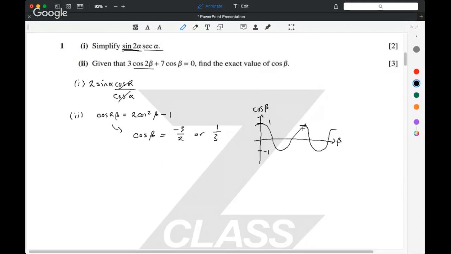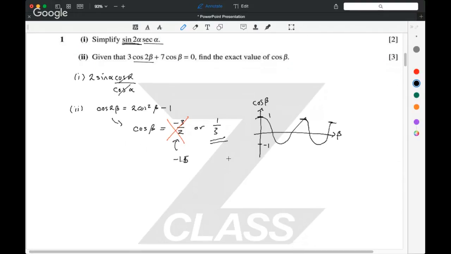At no point does the cosine of beta get above 1 or below minus 1. Whatever beta is, no matter how big, cosine of beta just oscillates. But this solution is minus 1.5. Well, it's just not allowed. So you will lose a mark if you include both solutions. You need to make clear that you only mean this one solution. And that's all there is to that question.